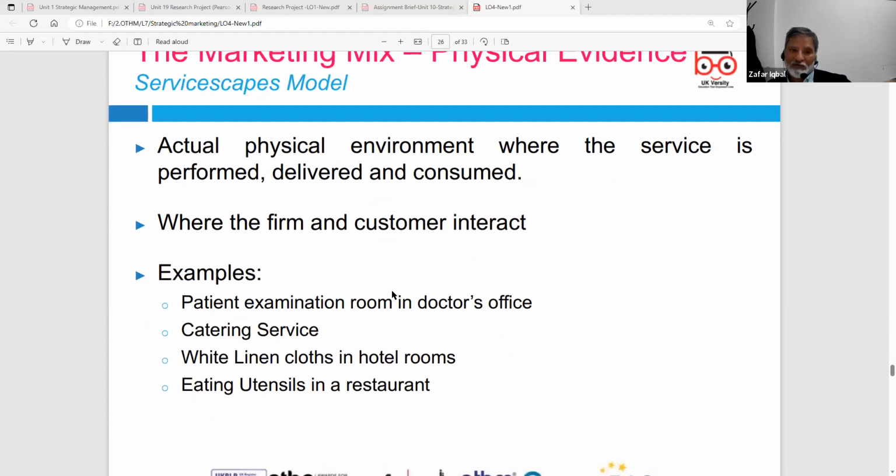Physical evidence also can be seen in hotel rooms when you see the hotel room being clean, being nice, with evidence of cleaned linen. And utensils, fork, knife, cutlery, glasses, all put in the right place at the right time, cleaned and shiny, physically quite good. Catering service as well, physical evidence should be there.